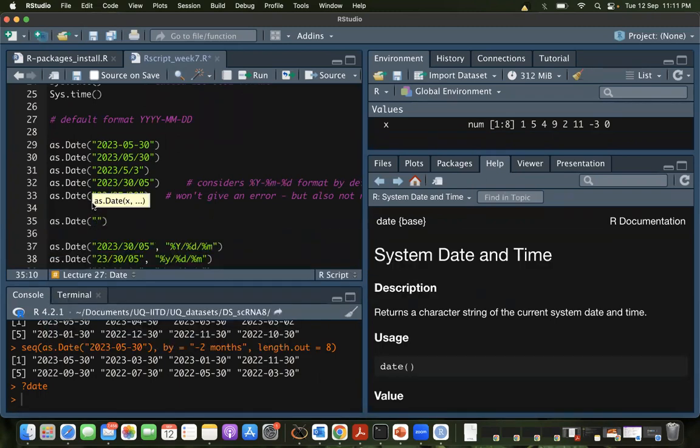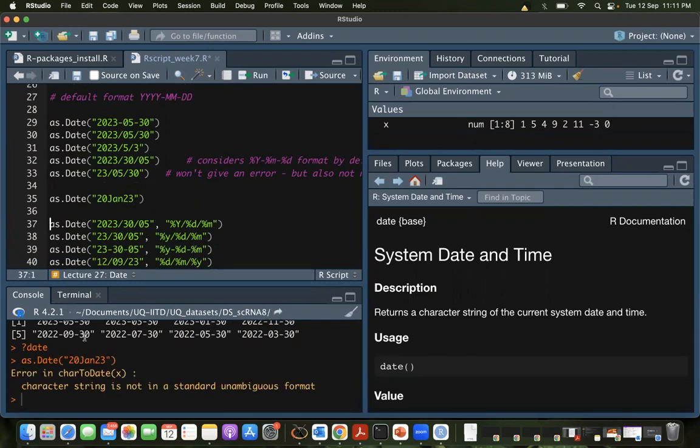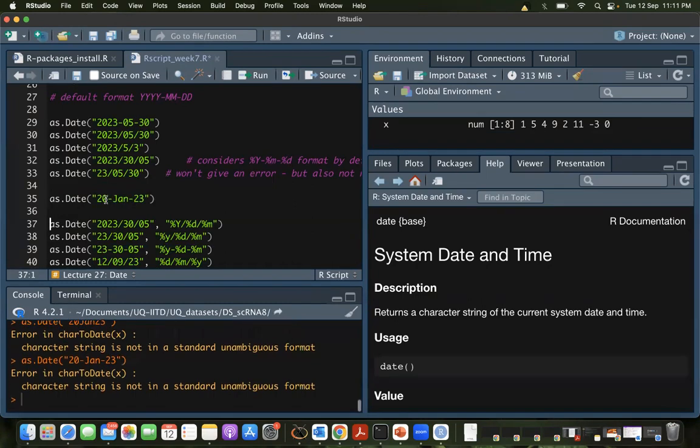So let's try. I think I read it somewhere. So let's say I'm giving 20 Jan 23, something like that. It's not converting like this. Can I do it like this? Not this as well. Not this one.